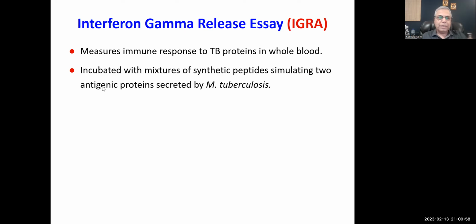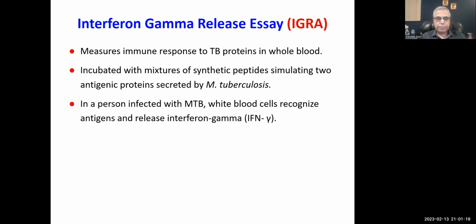So what we do is we take blood samples, which contain the white blood cells from the patient, and we incubate that sample with a mixture of synthetic peptides simulating antigenic properties of mycobacteria, proteins secreted by mycobacteria.